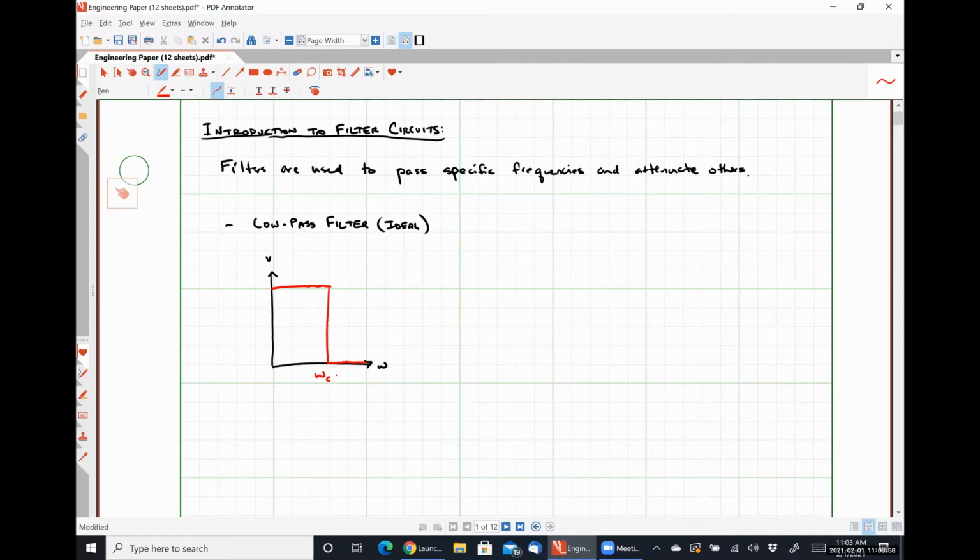So for a low pass filter, everything to the left of omega C, or all signals with a frequency less than omega C, get passed. We call this region the pass band. And everything to the right of omega C is attenuated or rejected. So we call this the reject or stop band.